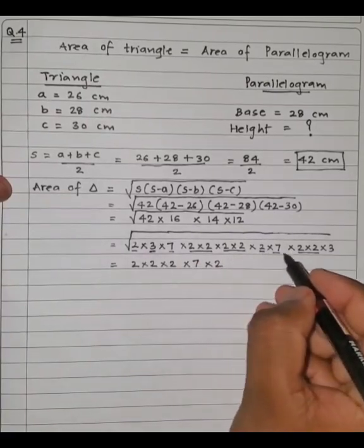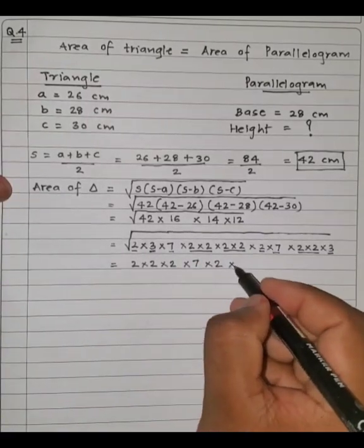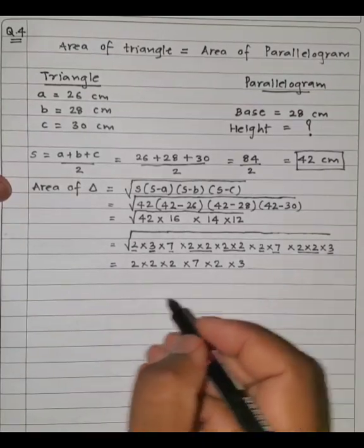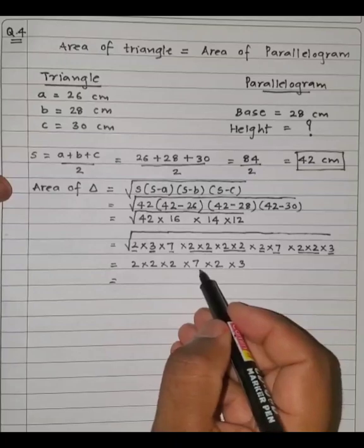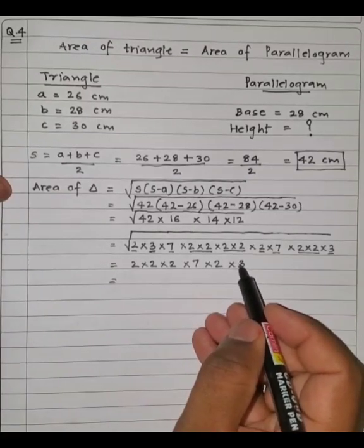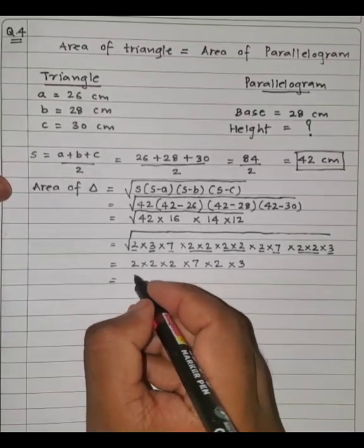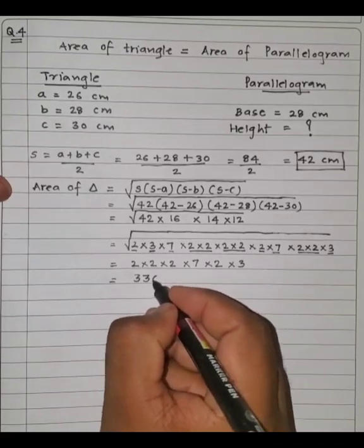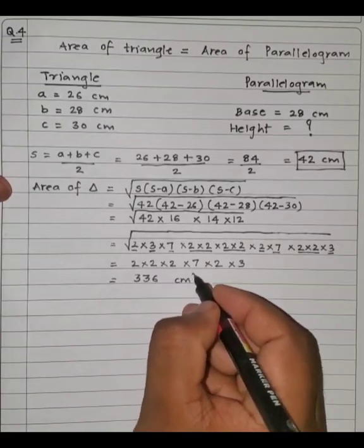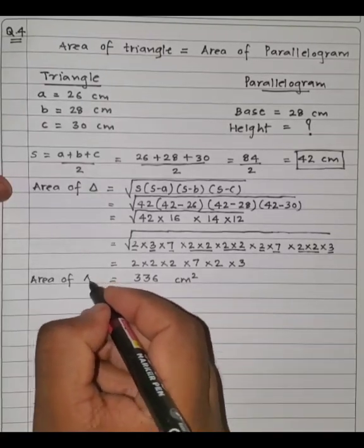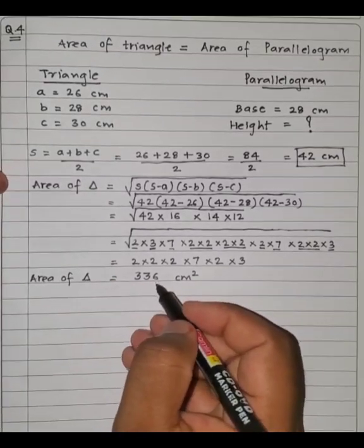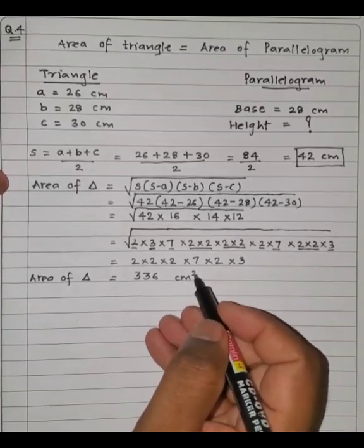This 3 I have over here and a 3 at the last. So, everything comes out of the square root. Now, what do we have? 2 into 2 into 2 into 7 into 2 into 3. This when multiplied gives you 336 centimeter square. So, the area of the triangle happens to be 336 centimeter square.